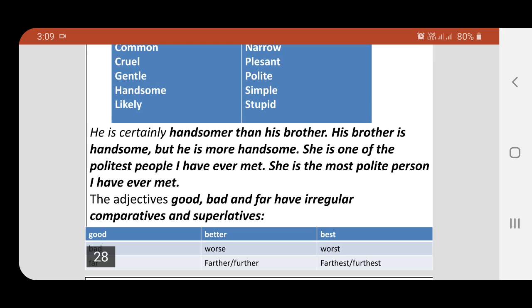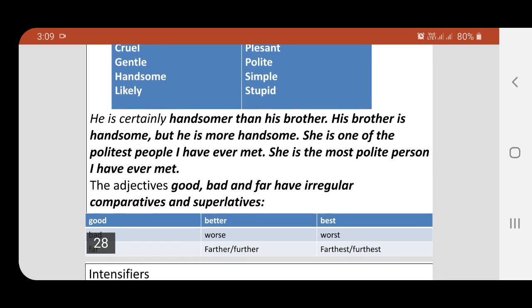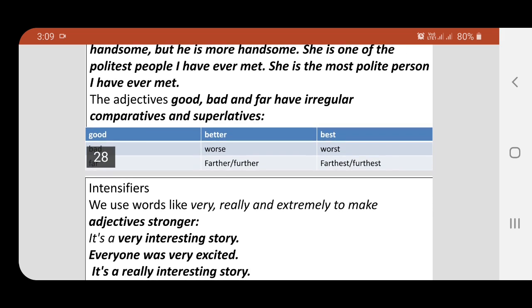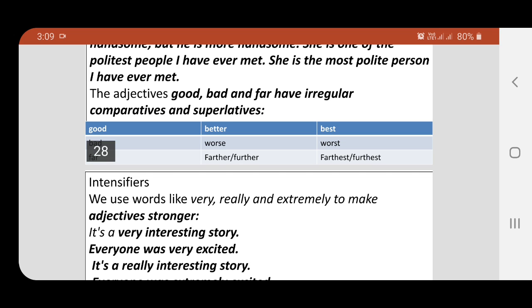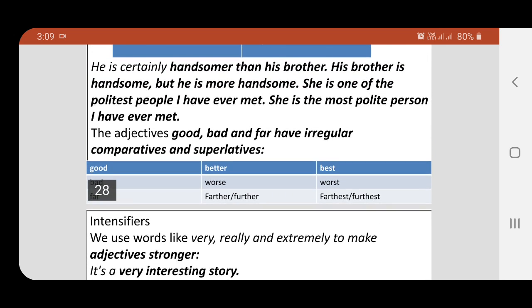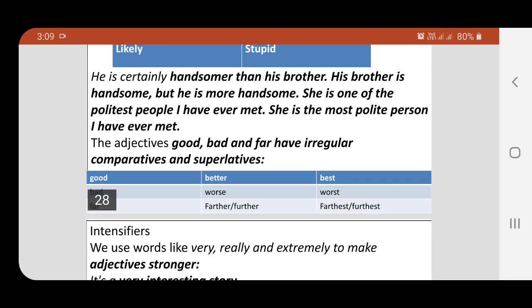I have also made a few sentences that are given in our textbook. He is certainly handsomer than his brother.